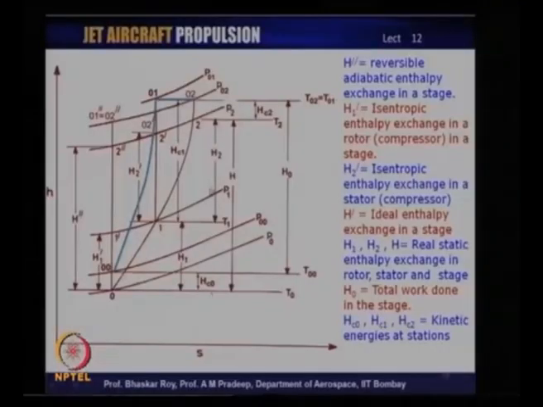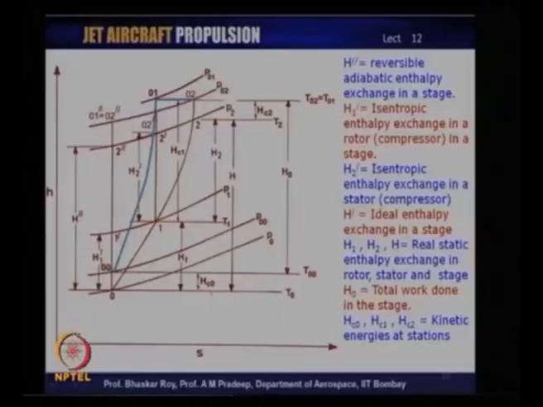As you can see here, this is the ideal adiabatic work in a stage, and then you have the work split up in rotor and stator, and then of course, you have the real work done over here in H, that is the real work done through the stage.